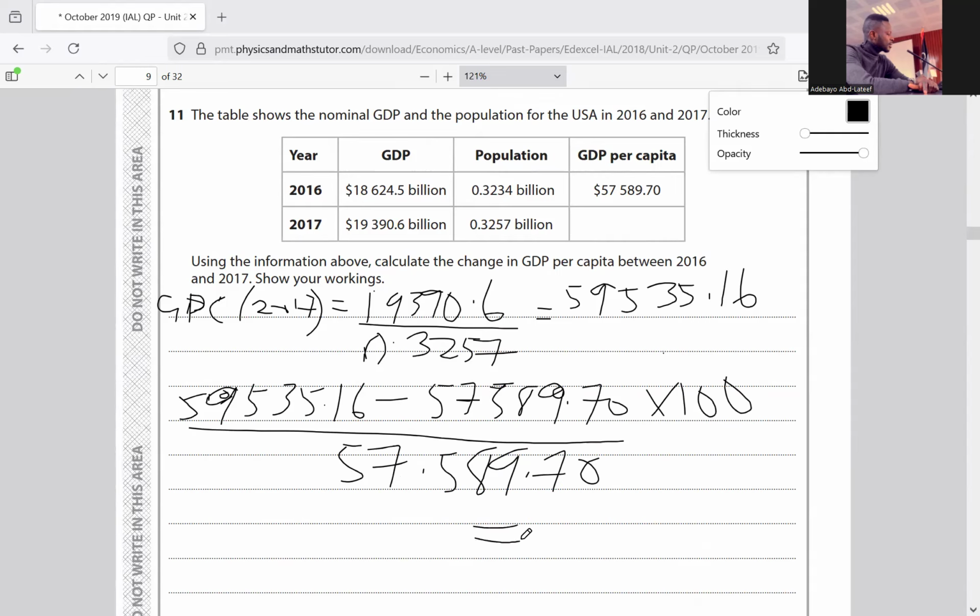So that gives us 3.38%. So that's the answer for question 11.